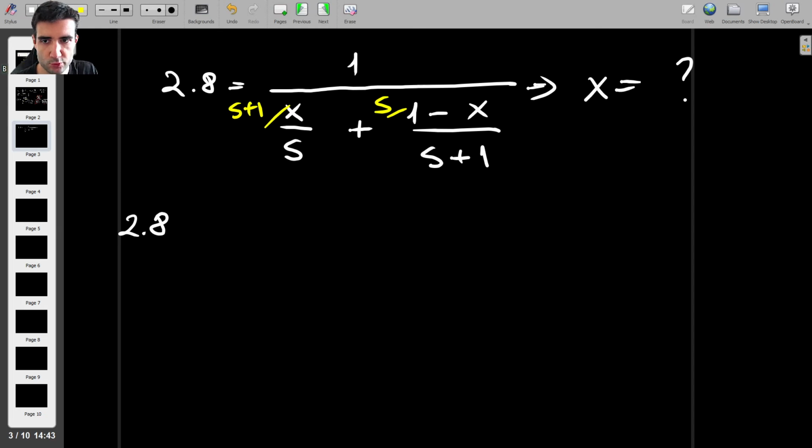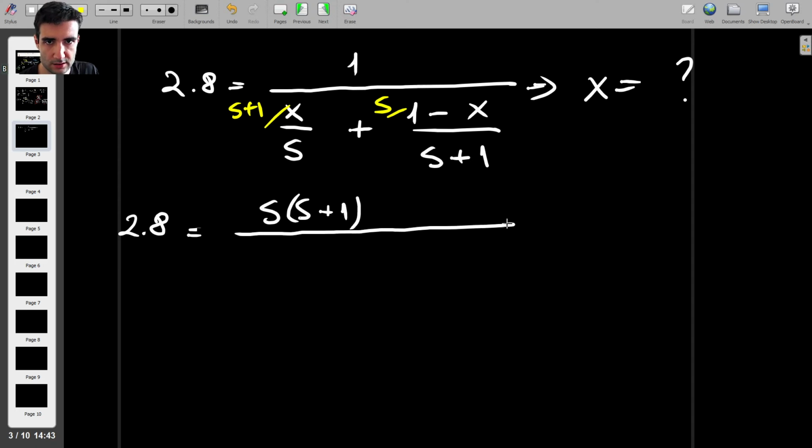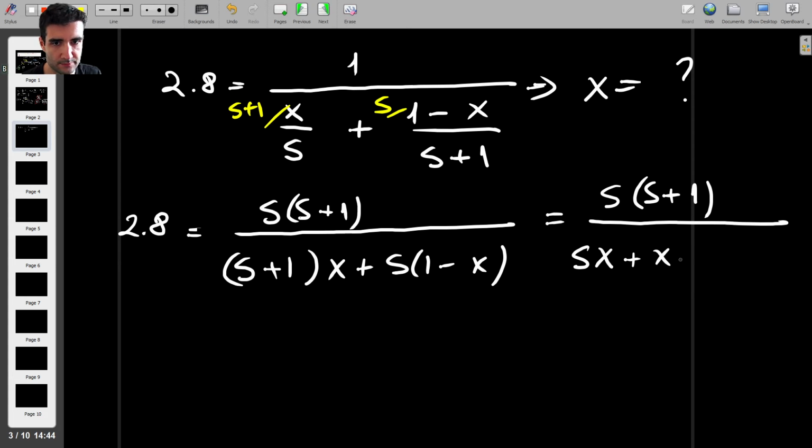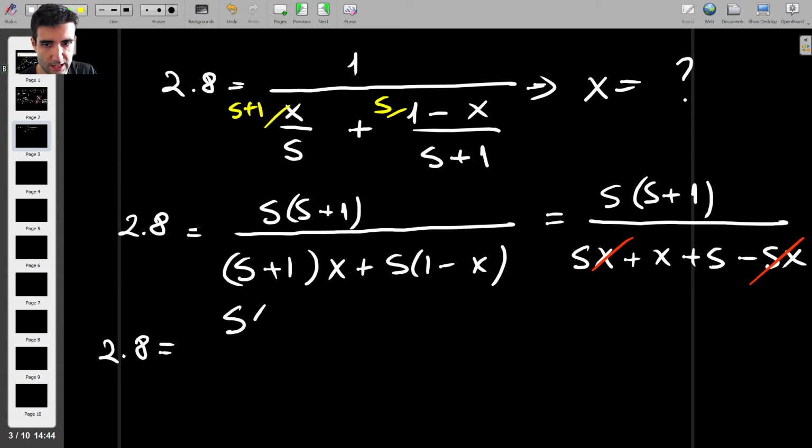So we have 2.8 equals, and then here I'll have S times S plus 1, and here I'll have S plus 1 times X plus S times 1 minus X. So we've got S times S plus 1 over, and then I can expand the brackets and I get Sx plus X, and then plus S minus Sx. The good thing is that those cancel out. So we have 2.8 equals S times S plus 1 over X plus S.